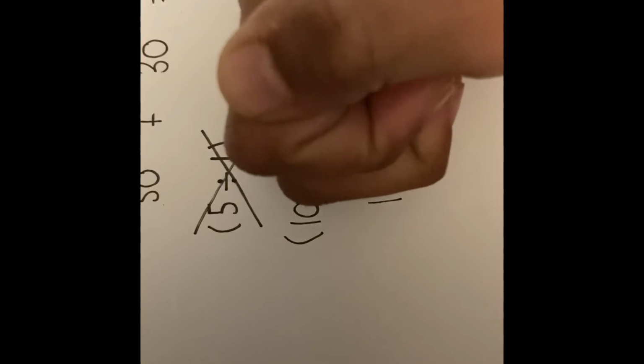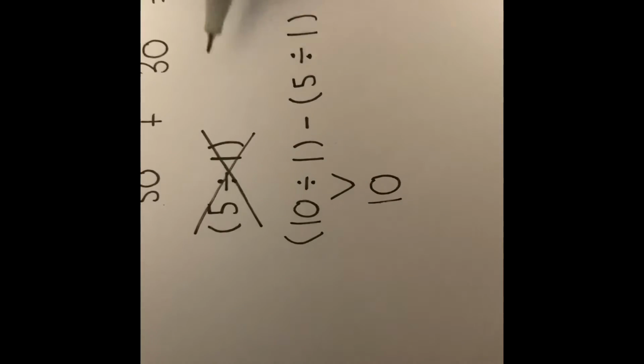Finally figured it out. 5 divided by 1 is 5, minus, equals 5. Yep. So this is how you do division partial products.